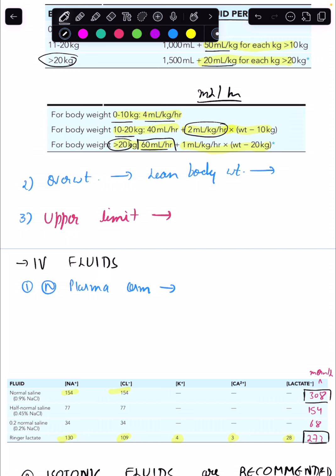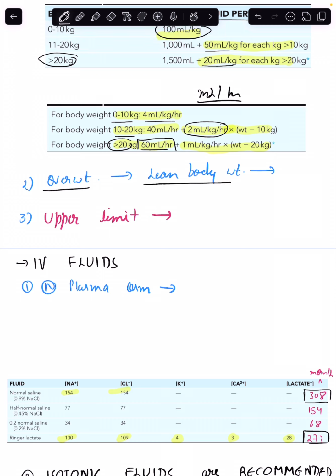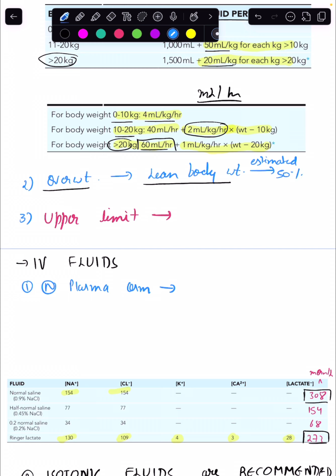Now we have seen children who are overweight. In those children, if we use the maintenance fluid via Holliday-Segar formula, then it leads to overhydration. So in those we use the lean body weight. We cannot calculate the exact lean body weight, so we use an estimated lean body weight, which can be calculated by using the 50th centile body weight for the child's height.